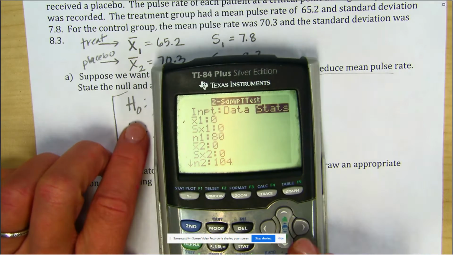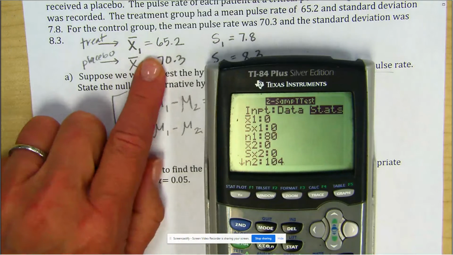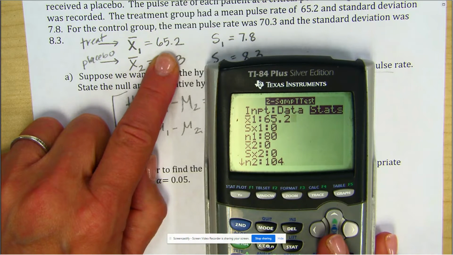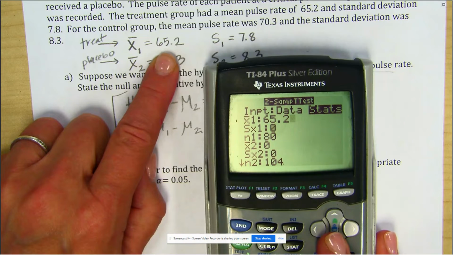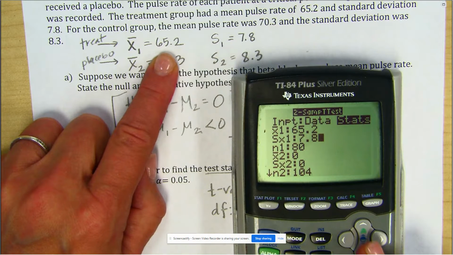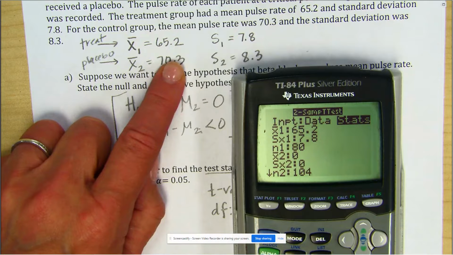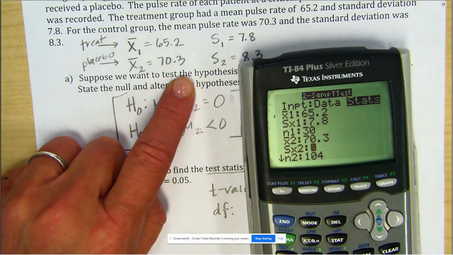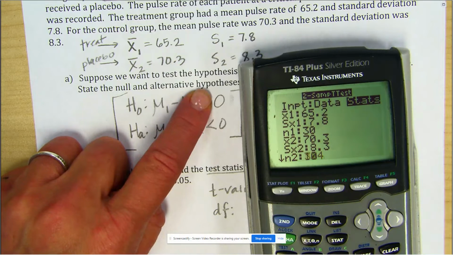We have stats. X bar 1, the mean pulse rate for sample 1, was 65.2 with a standard deviation of 7.8 and a sample size of 30. The second group had a mean pulse rate of 70.3, standard deviation of 8.3, and also a sample size of 30.